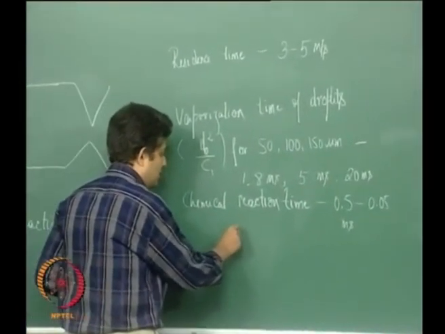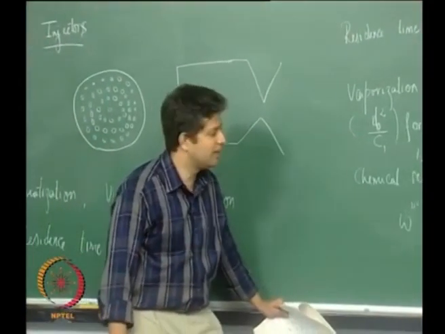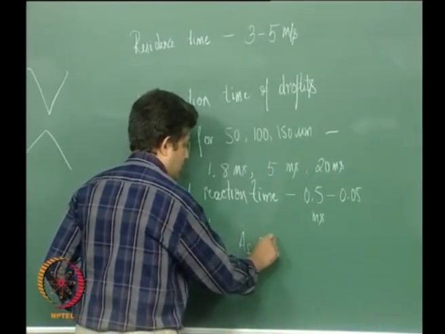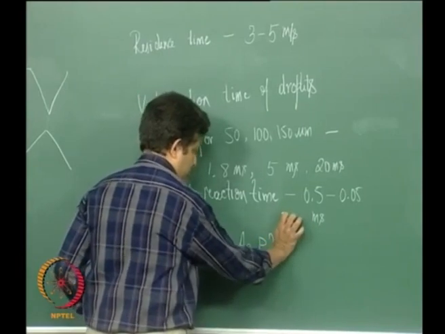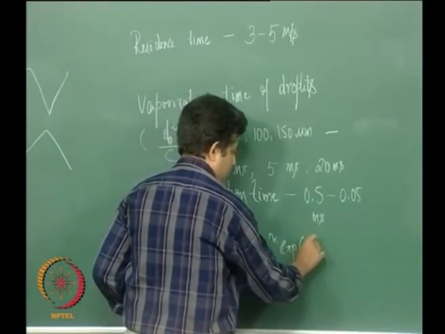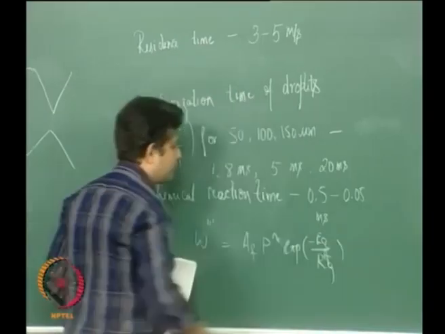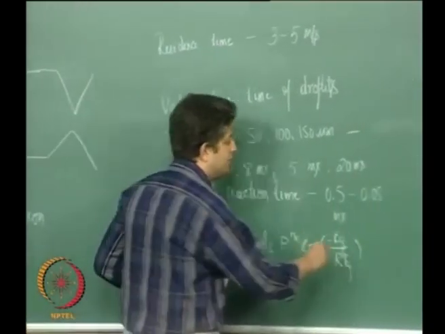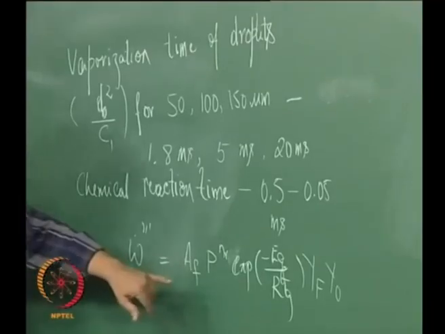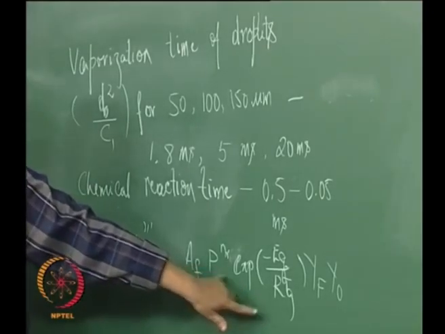If you look at the relationship for reaction rate, W dot triple dash, that we had derived earlier, it was something like this. So if you notice, it's a strong function of pressure and temperature, right.